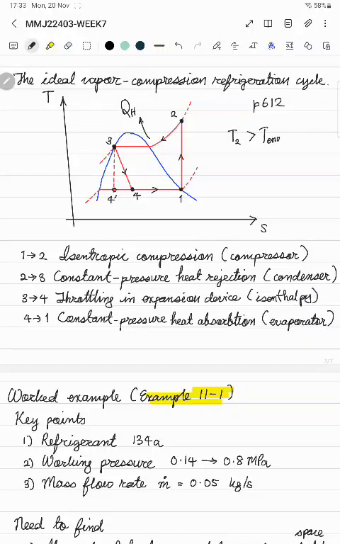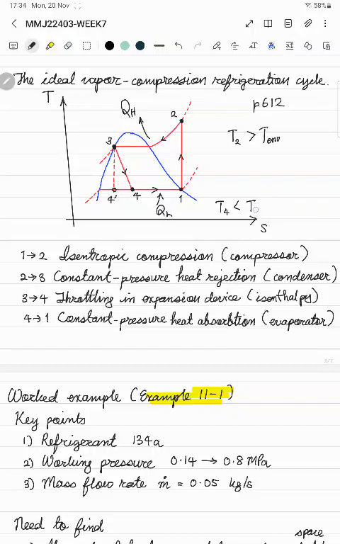And then finally, the refrigerant becomes liquid again, and from 4 to 1, it's a constant pressure. Heat absorption, heat is absorbed from a cool environment. So this is QL, and bear in mind T4 is smaller than the refrigerated section.